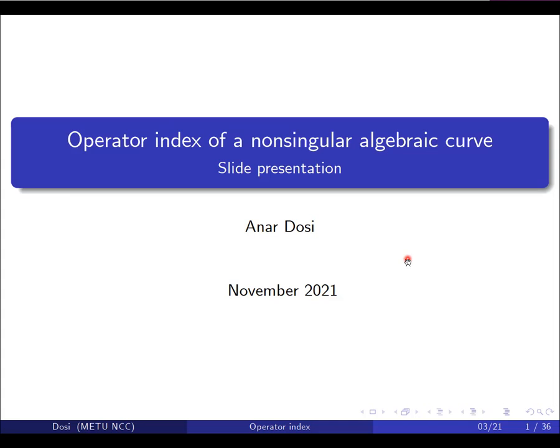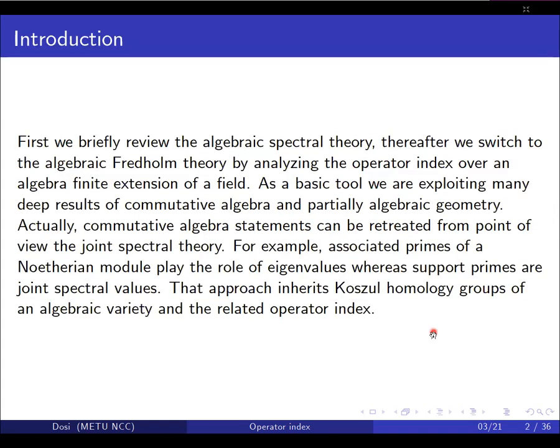Hi everyone. It's a great pleasure for me to give a talk at the seminar Algebras in Analysis. I wish to talk about a sort of algebraic spectral theory, and thereafter I'm going to switch to the Fredholm index concept within this algebraic spectral theory.